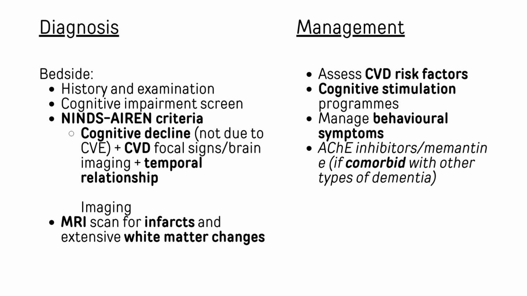We can also assess for their cardiovascular signs, and then also do imaging such as MRI scans to look for infarcts and extensive white matter changes, which can indicate cardiovascular disease.